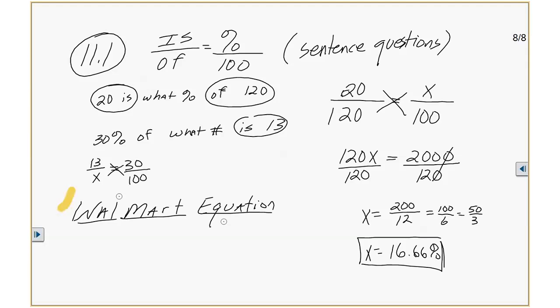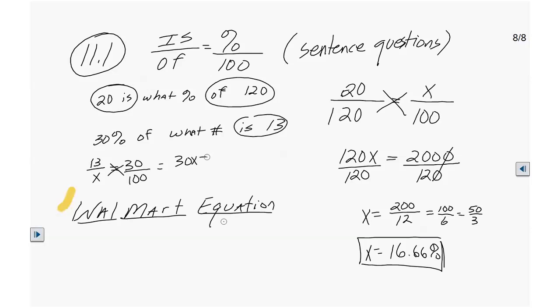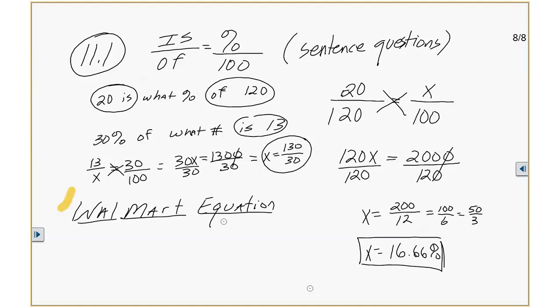X. Cross multiply. 30x is equal to 1,300. Divide by 30. That 0 goes out, and you get x is equal to 130 over 30, and you can simplify that. So with your sentence equations, you just plug the numbers in wherever they go.